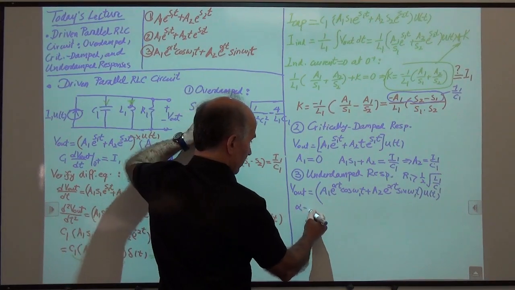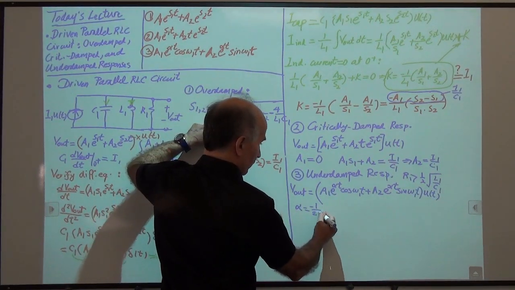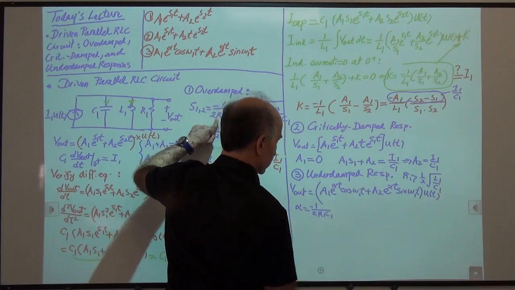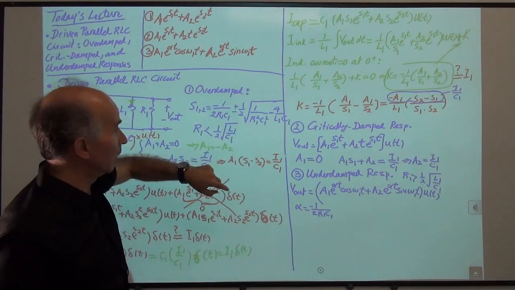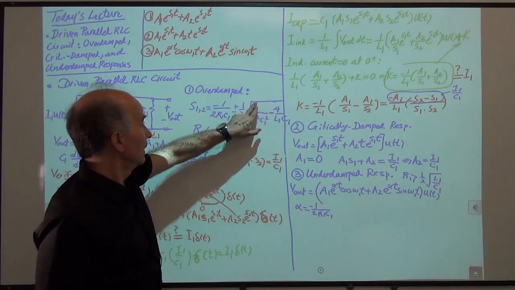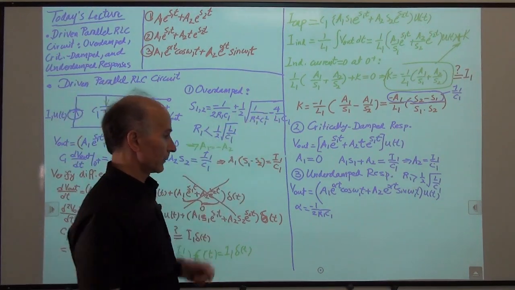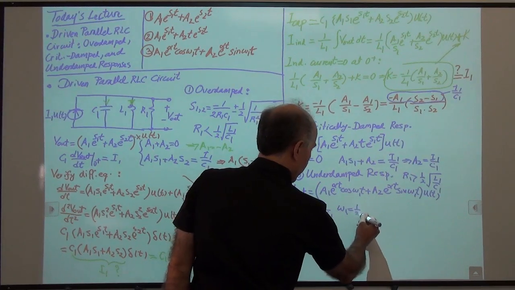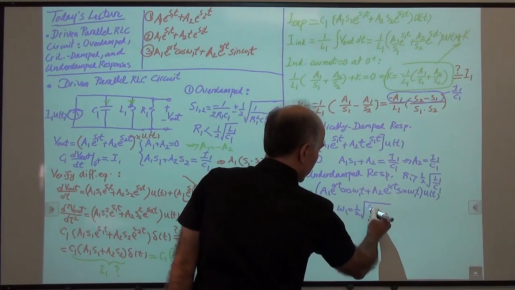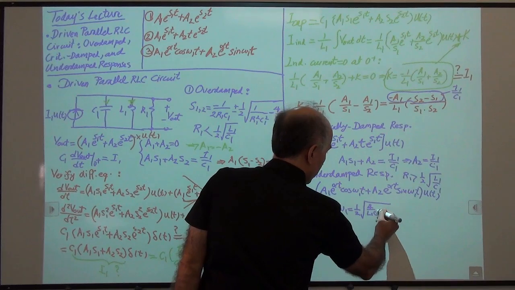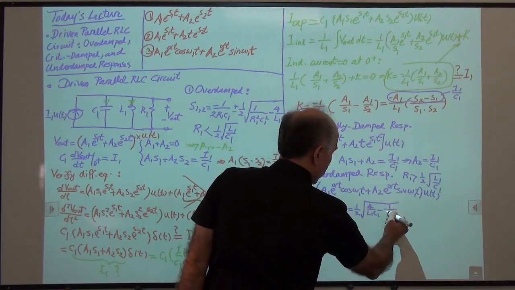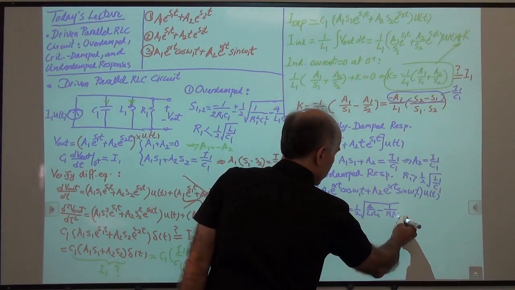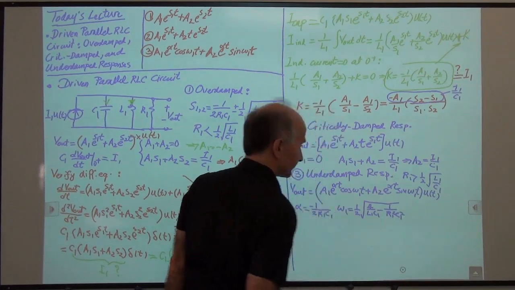So alpha is minus 1 over 2 R1 C1. And omega 1 is this value, except that these are swapped. So omega 1 is equal to 1/2 of the square root of 4 over L1 C1 minus 1 over R1 squared C1 squared.